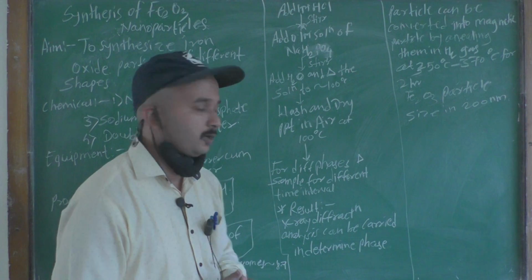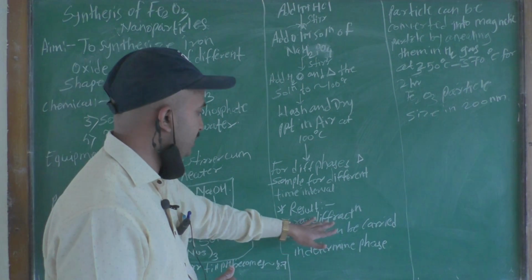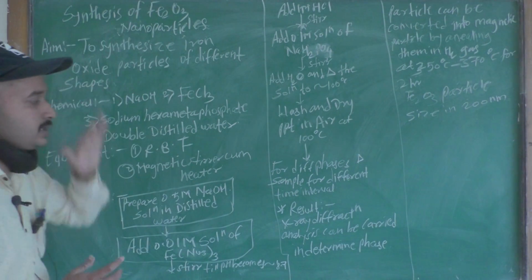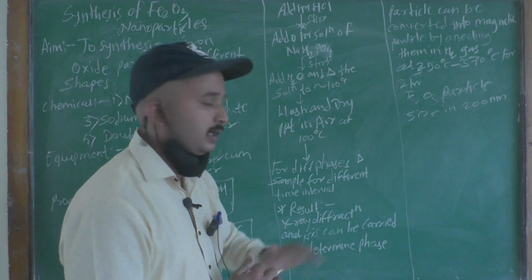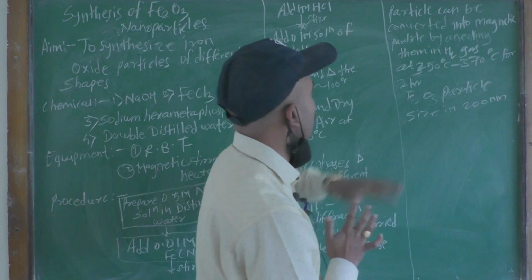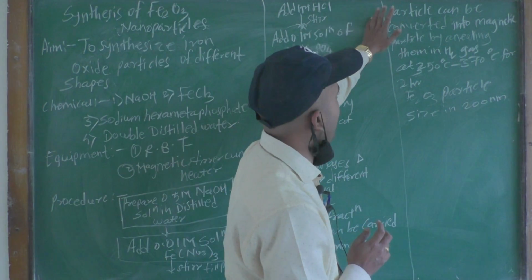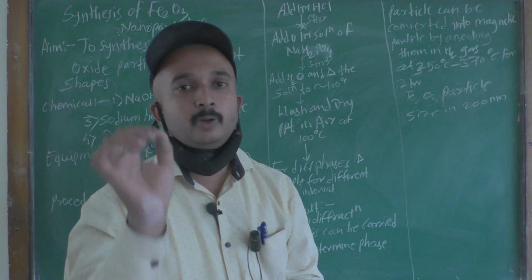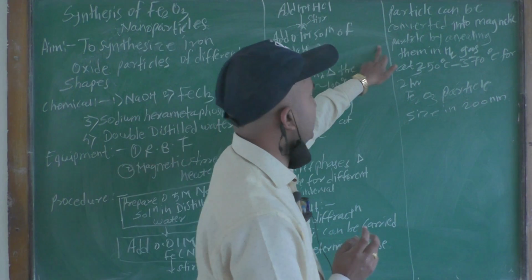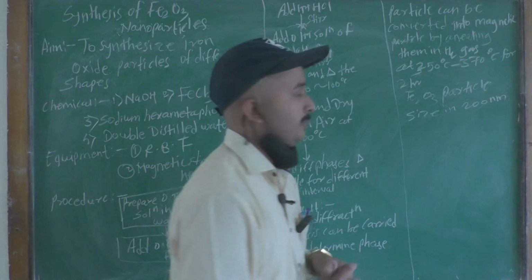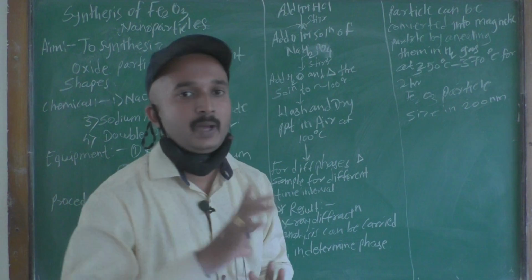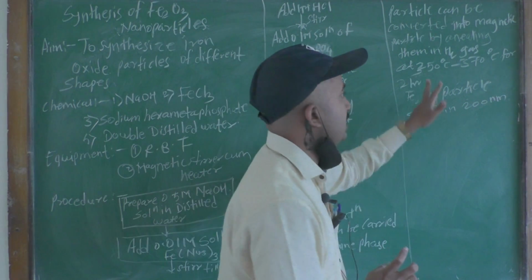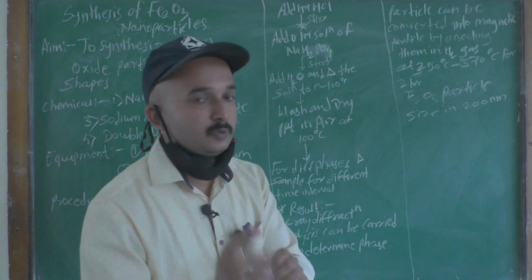Lastly, the result of the synthesis of Fe2O3 particles: X-ray diffraction analysis can be carried out in determining the phase. The Fe2O3 particle can be converted into a magnetic particle by annealing it in S2 gas at 350 to 370 degrees Celsius, heating in the S2 gas for 2 hours.